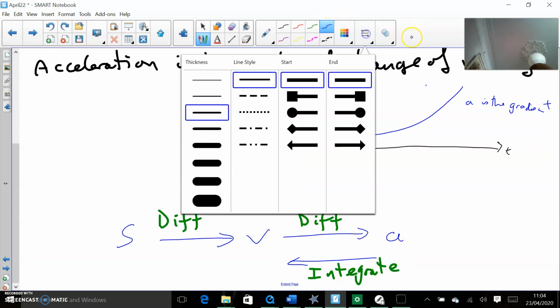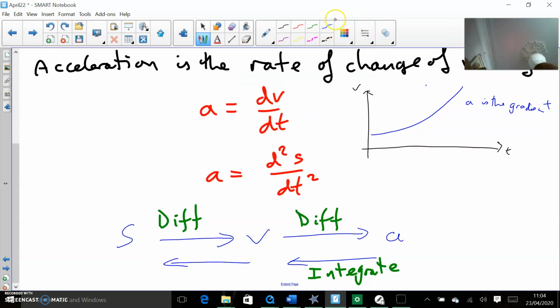And if you went from velocity back to displacement, you would need to integrate again. So this is how we use differentiation and integration to go between displacement, velocity and acceleration, and back. We'll cover using integration in another video, but in this video we'll do some examples involving differentiation.